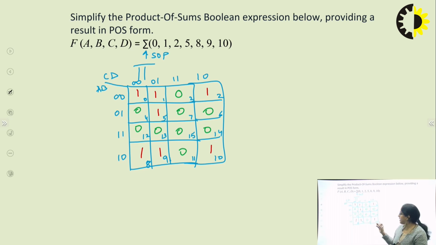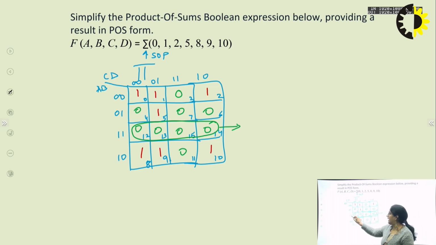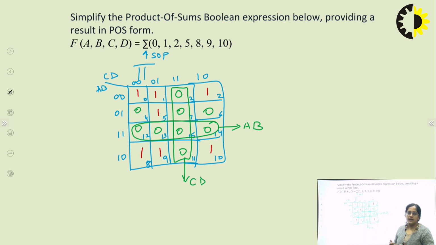So in this example, we now have to make groupings of zeros. When we make a quad of these 4 zeros, we find that A and B are the values that do not change, while C and D change for all 4 cells. So it has A and B. For the other quad, C and D are not changing, but A and B are changing.